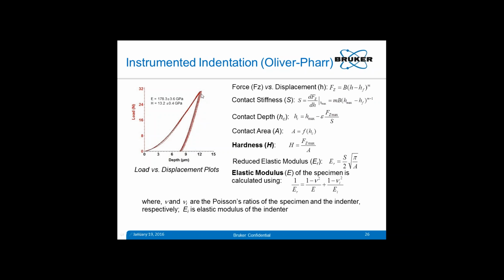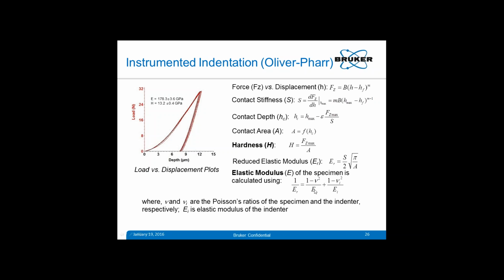Only the unloading portion of the graph is used for these calculations, and hardness is measured as load divided by area. We get the reduced modulus from the contact stiffness data, S divided by 2 times the square root of pi over A. And from this reduced modulus, we use this relationship for elastic modulus.